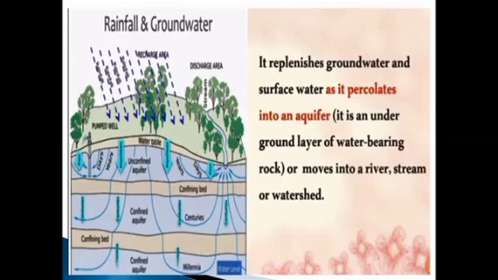Replenishes means it will fill it again, the groundwater and the surface water, and it percolates deep inside the aquifer, or runoff may end up in a river, stream or any other water bodies.